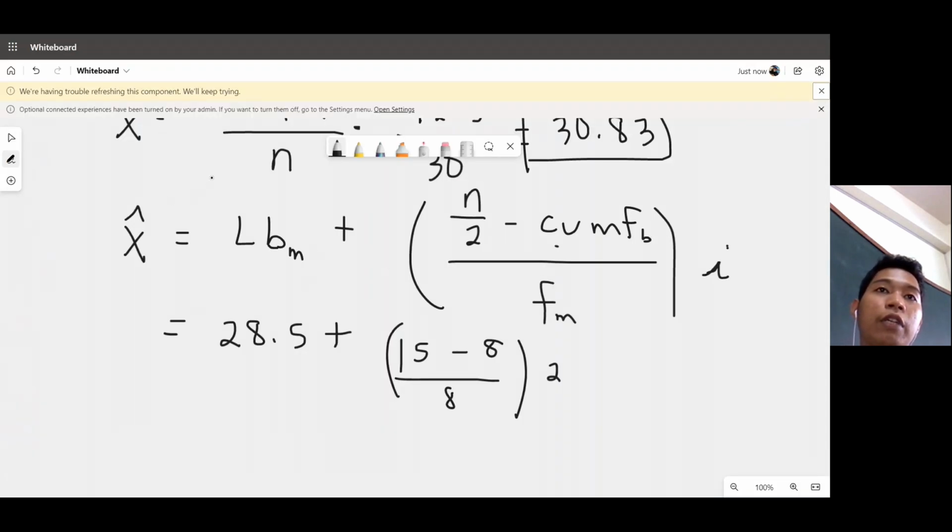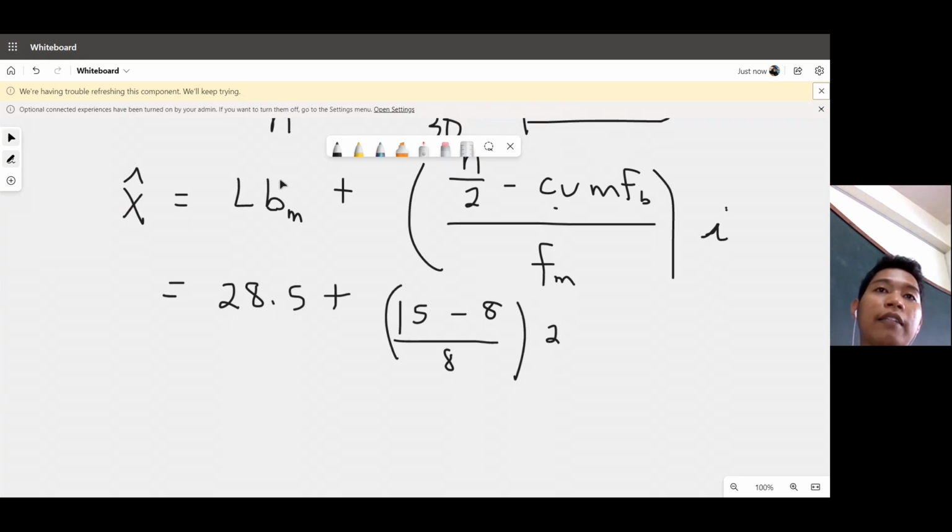Now we solve using PEMDAS. We start with the parentheses. Copy 28.5 plus 15 minus 8, that is 7, over 8 times 2.